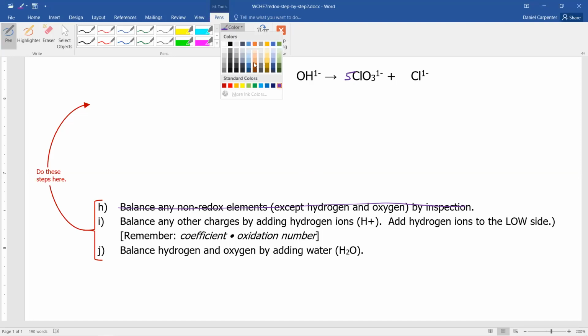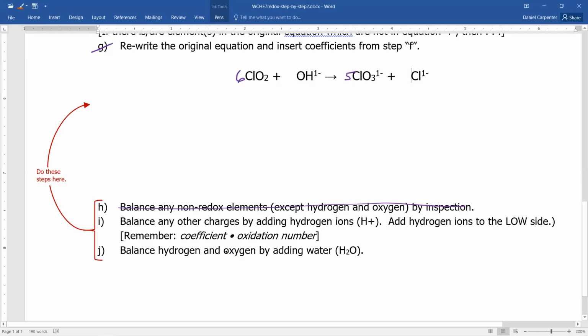Which brings us to balancing the charges. I got this in since last time. It's coefficient times oxidation number. So 6 times 0 is 0. 1 times -1 is -1. So the left side adds up to -1. 5 times -1 is -5.